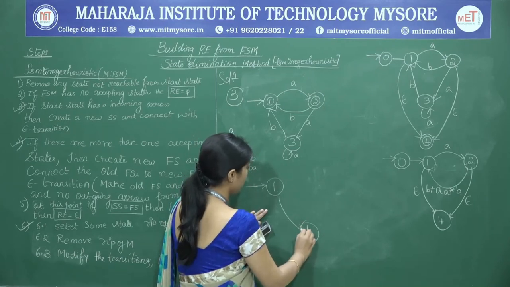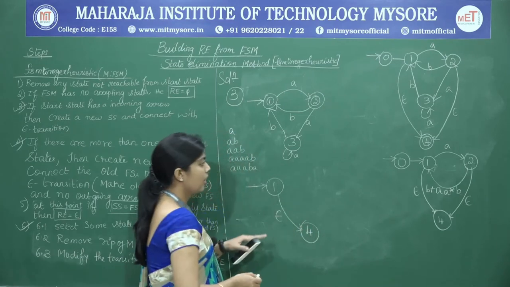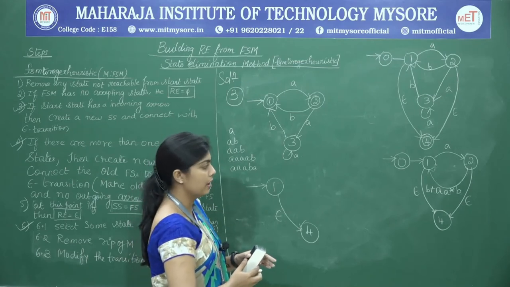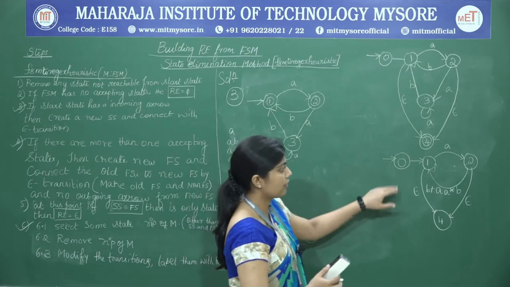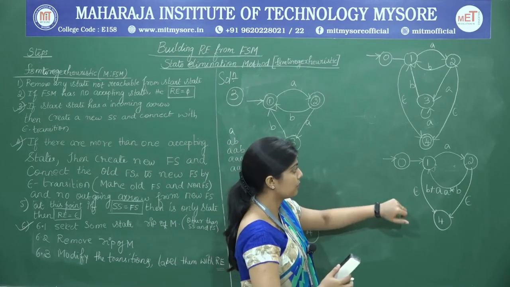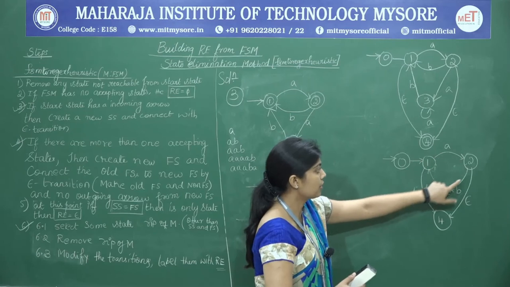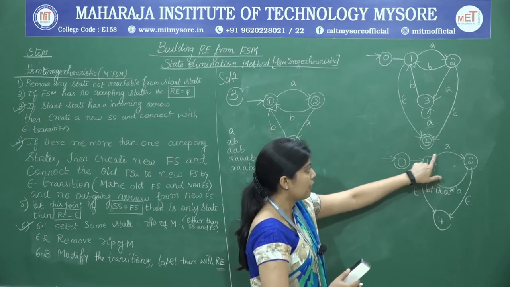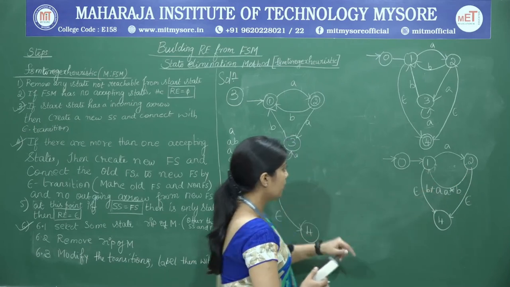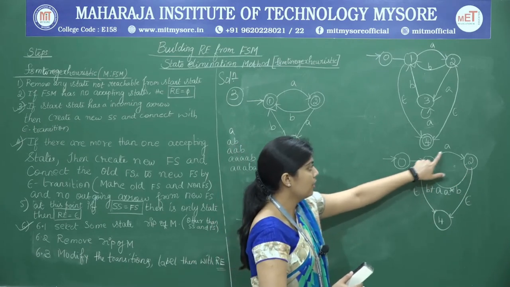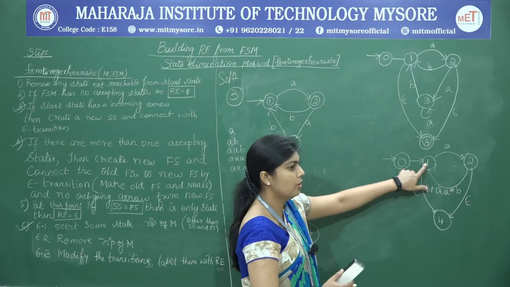So from 1 to 4 we have a transition, that is epsilon, and 2 we are going to eliminate. In case you want to eliminate 2, we will see what are the different transitions that use this 2. The first transition that uses this 2 is from 1 to 2, then 2 back to 1. So that means we are going from 1 and coming back to 1.